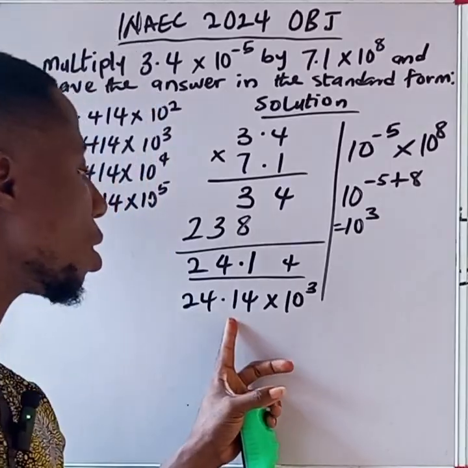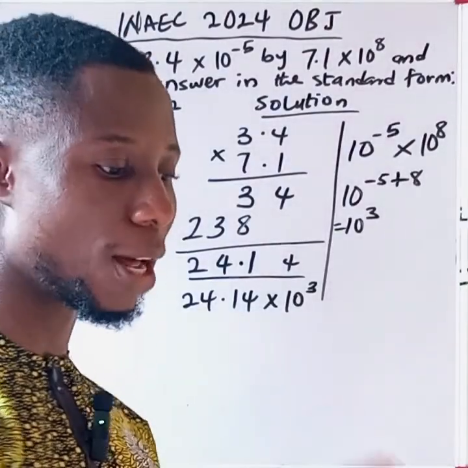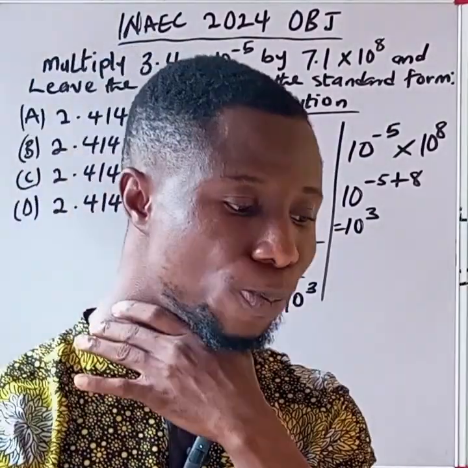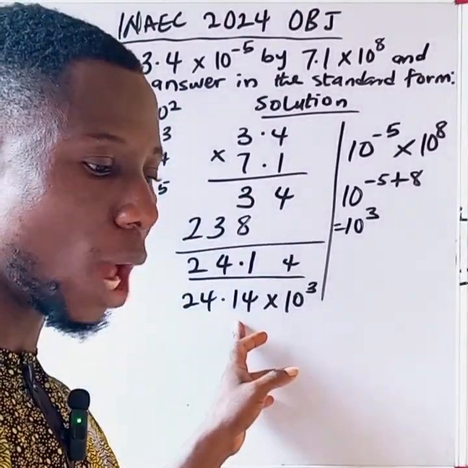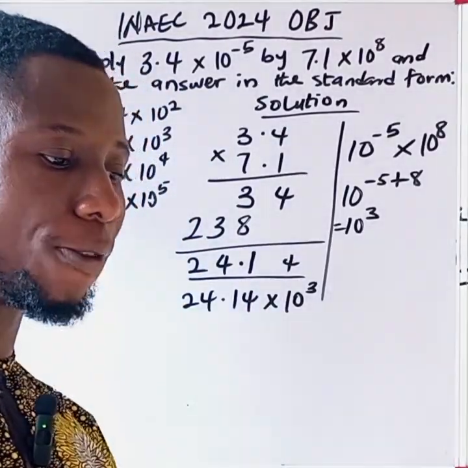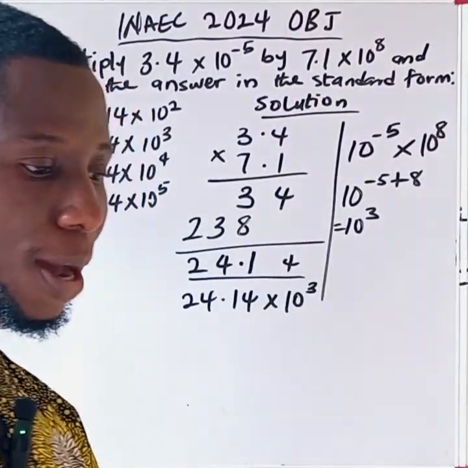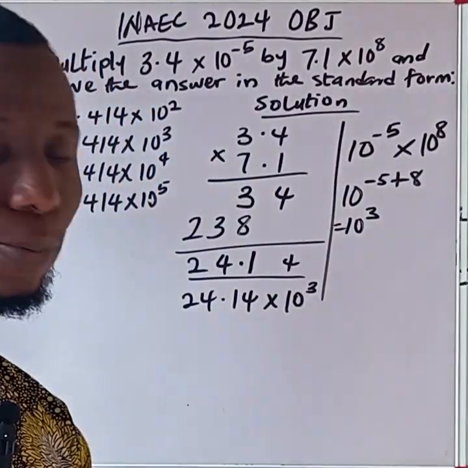Now, this is still not proper yet. It's not in the best standard form. So we are going to adjust the coefficient to a value between 1 and 10 by moving the decimal 1 place backward.